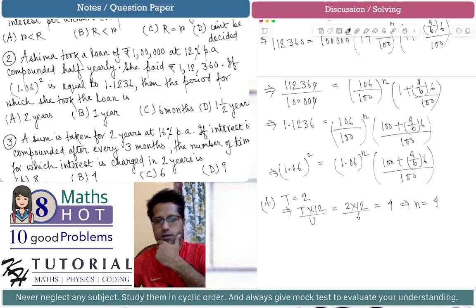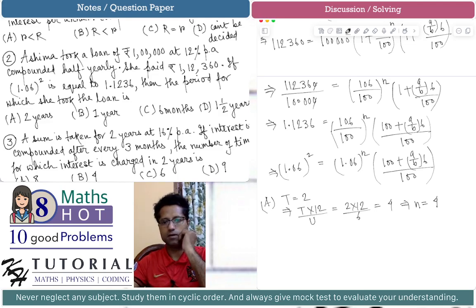So in that case, the equation will become 1.06 square is equal to 1.06 to the power 4.